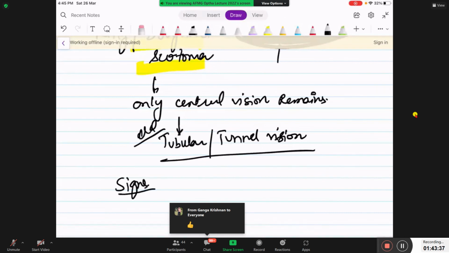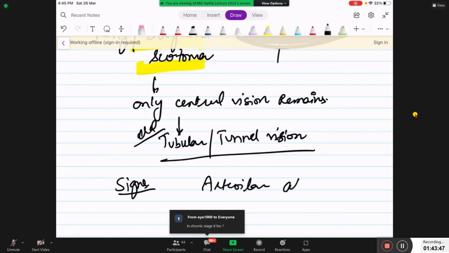It has a triad of arteriolar attenuation, thinning of vessel. Then pale, waxy optic disc is seen.